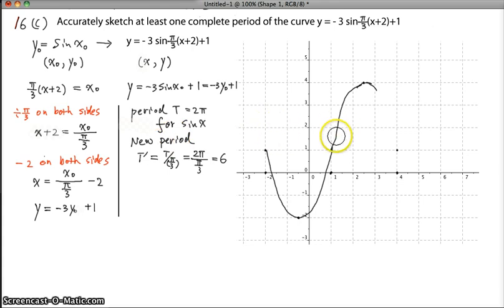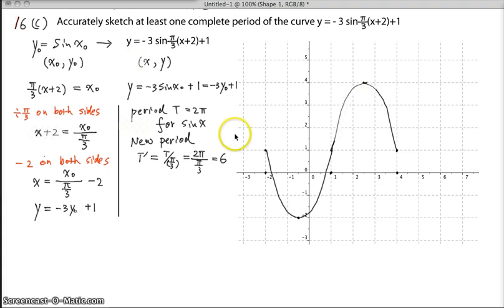So I'm going to erase this part. Okay, the tricky part is if I erase, it's also going to erase the grid. Okay, it's not too bad. So that's one complete period.